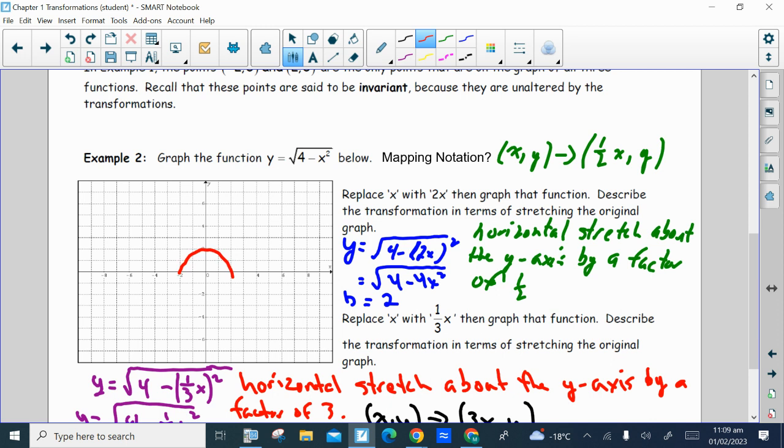And then we did 4 minus 2x squared in blue, and we saw that that caused a horizontal stretch by a factor of a half. So now the x-intercepts were plus and minus 1 comma 0. And then we did, when b was 1/3, they went to plus and minus 6 comma 0.